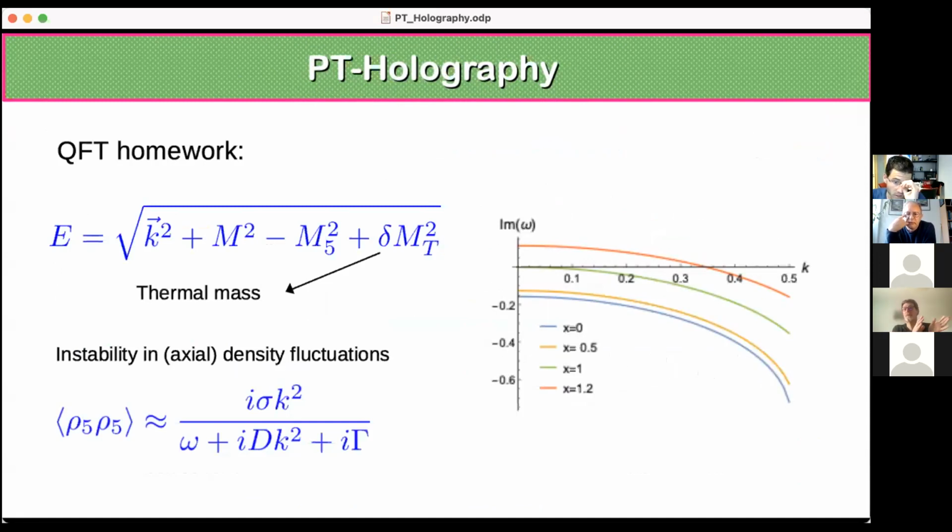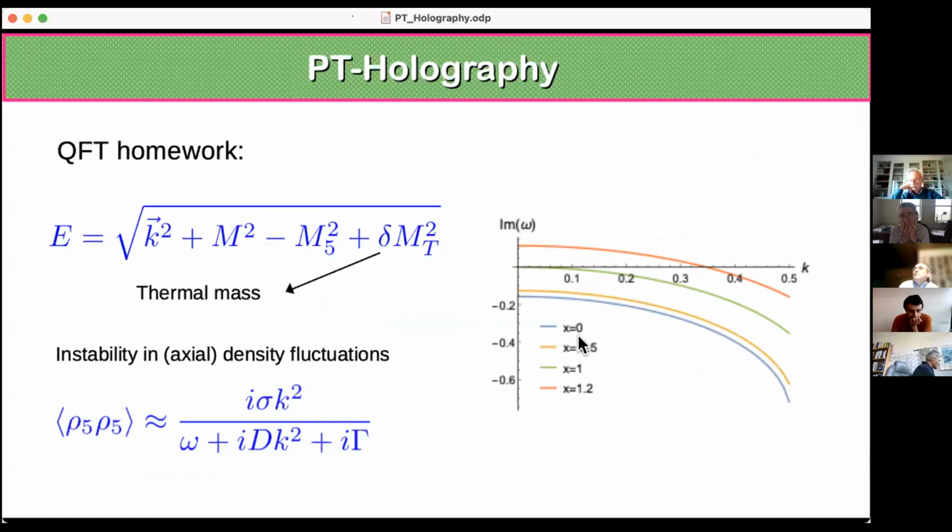If I interpret the holographic calculation we did in terms of quantum field theory, then I would look at a quantum field theory which has a U(1) symmetry, like this axial U(1) symmetry, and then I would calculate the thermal mass for fermions, or for these particles in the spectrum.